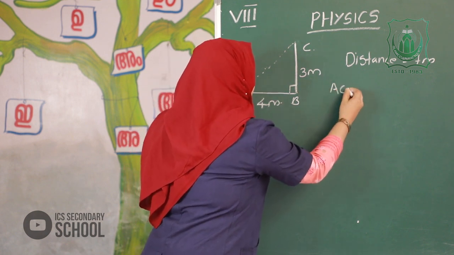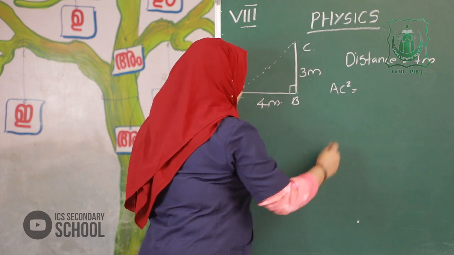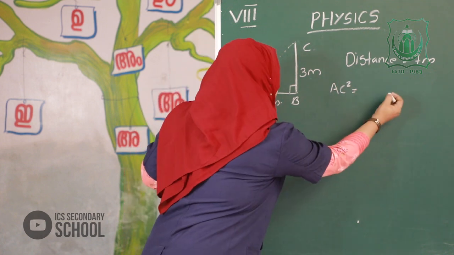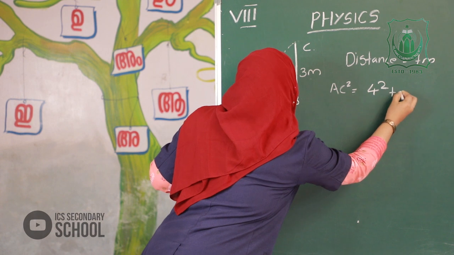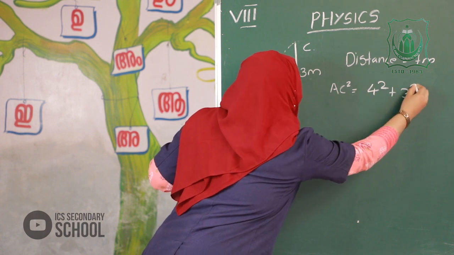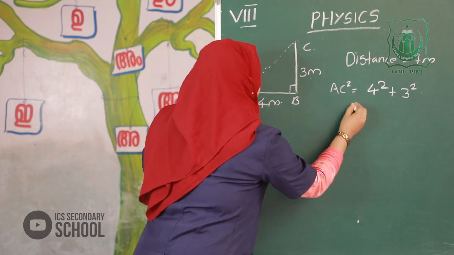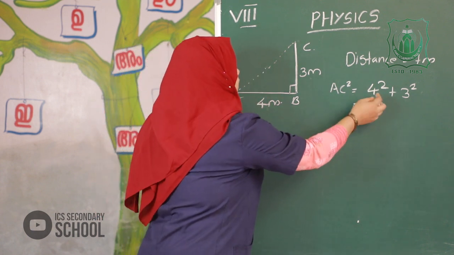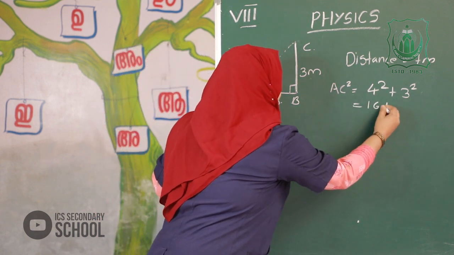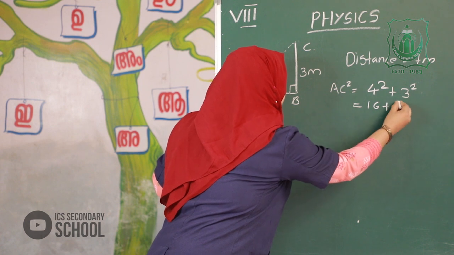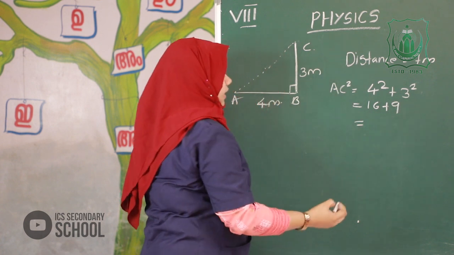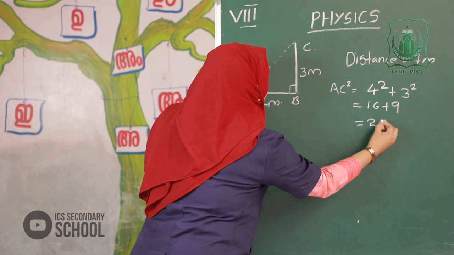How to find out AC? We know that AC square is equal to 4 square plus 3 square. What is the square of 4? 16, plus 3 square, 9. 16 plus 9 is 25.